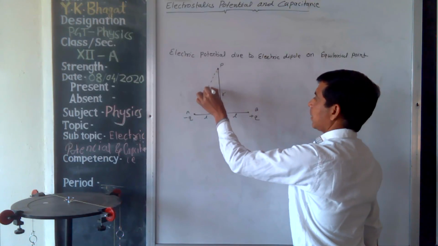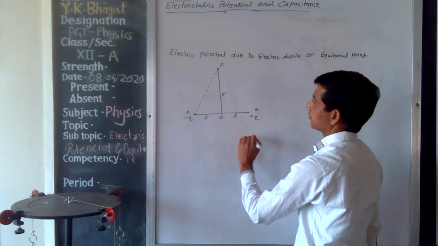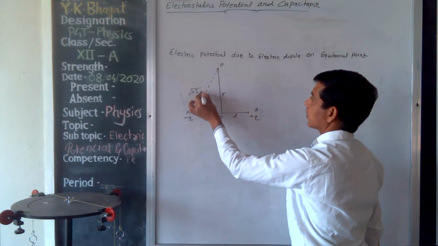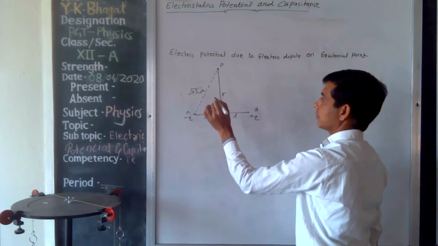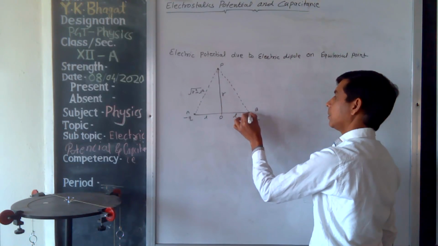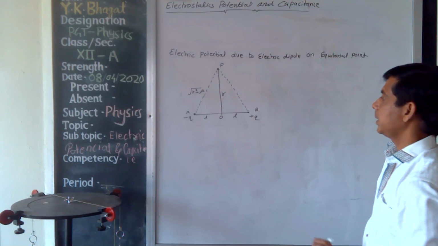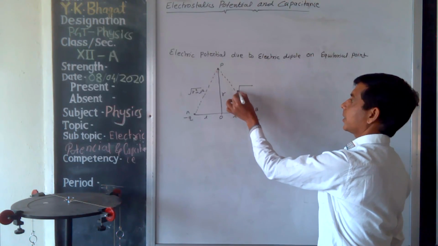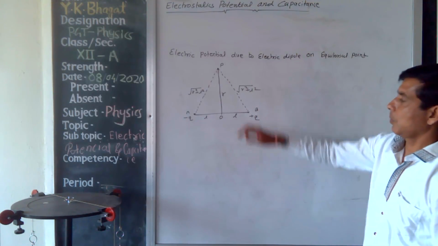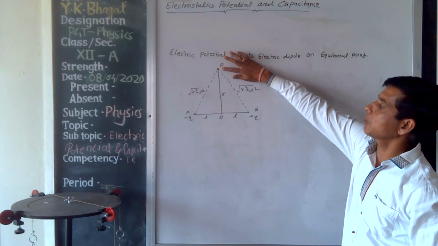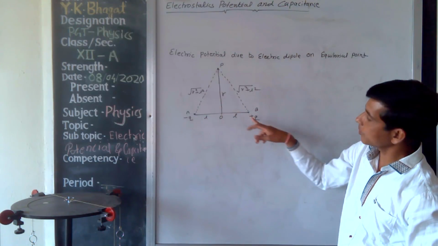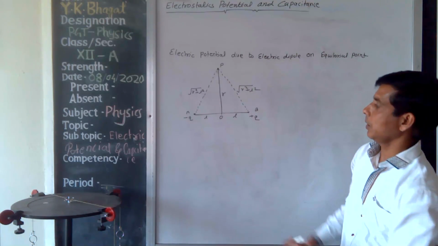The distance from the minus q charge will be root of r square plus L square, and the distance of point P from the plus q charge is again the same, root of r square plus L square. Now we find electric potential at point P due to minus q charge plus due to plus q charge.